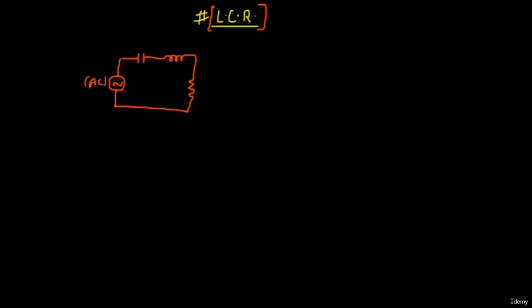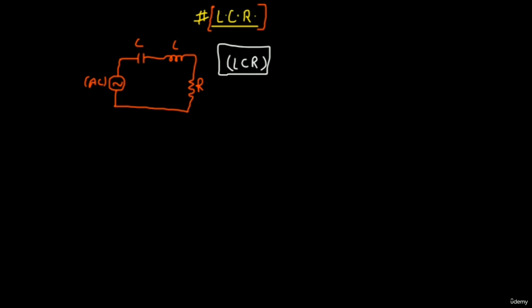This is the capacitance, this is the inductor, which we write as L, and this is the resistance, written with R. So that is known as the LCR circuit combined. L and C are together and R is here. So this is the LCR circuit.